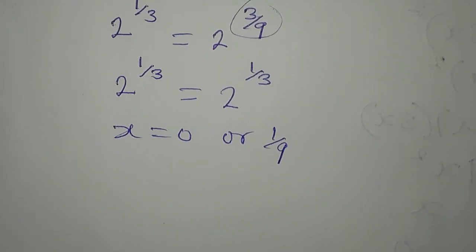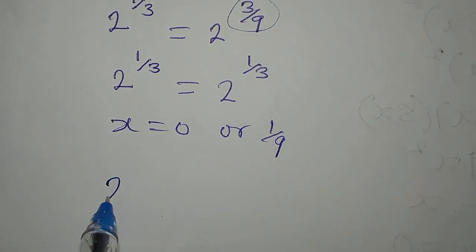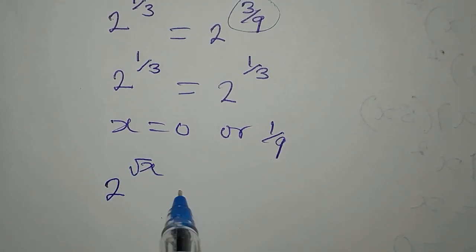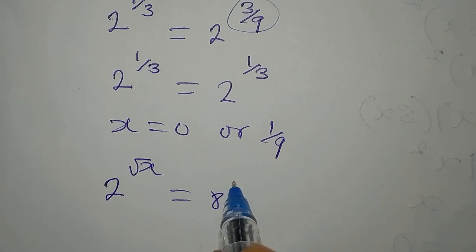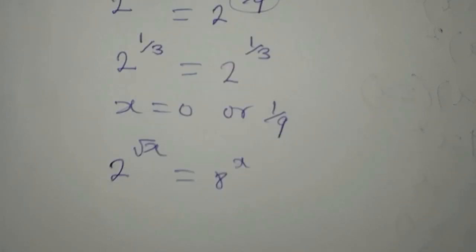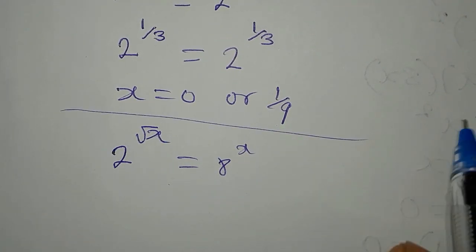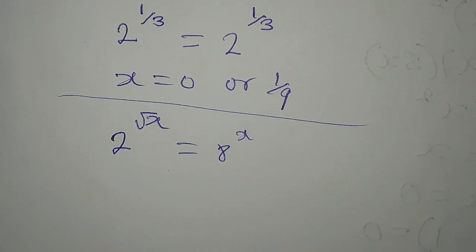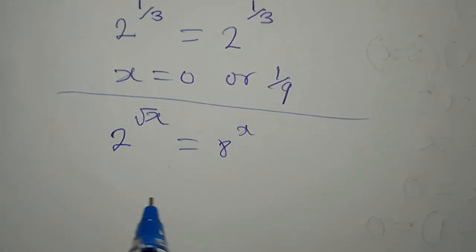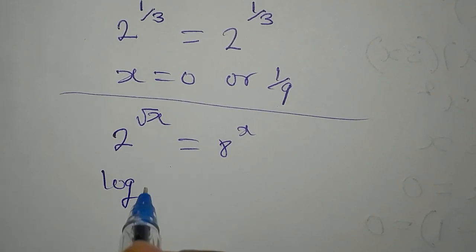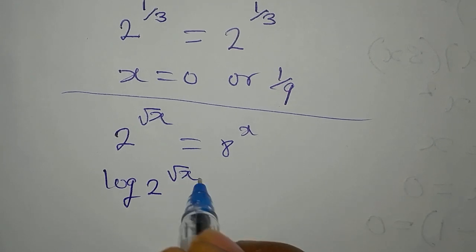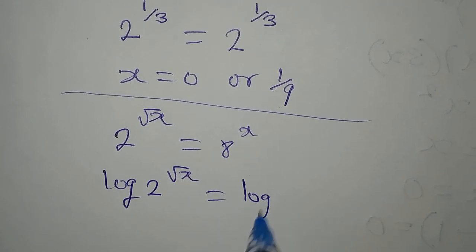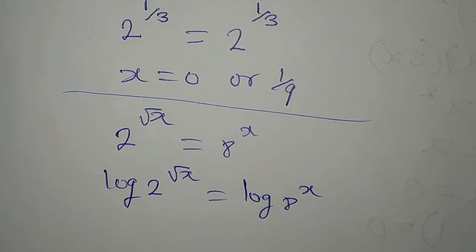But then we can use another method for this. 2 to the power of root x equals 8 to the power of x. We can take log of both sides. If you don't want to go this extra mile, what do you do? You have log 2 to the power of root x equals log 8 to the power of x.